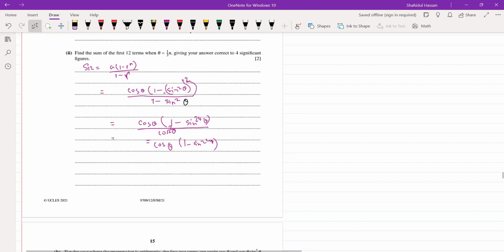Now let's put the theta value in there. Theta is pi by 3, so cos pi by 3 divided by 1 minus sine to the power 24 of pi by 3.